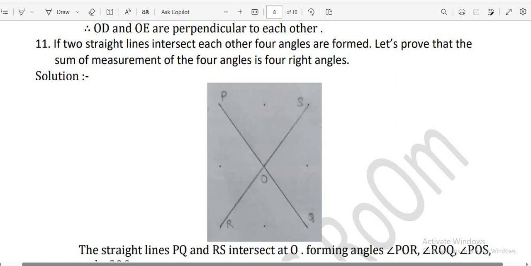Question number 11. If two straight lines intersect each other, 4 angles are formed. Let's prove that the sum of the measurements of the 4 angles is 4 right angles.